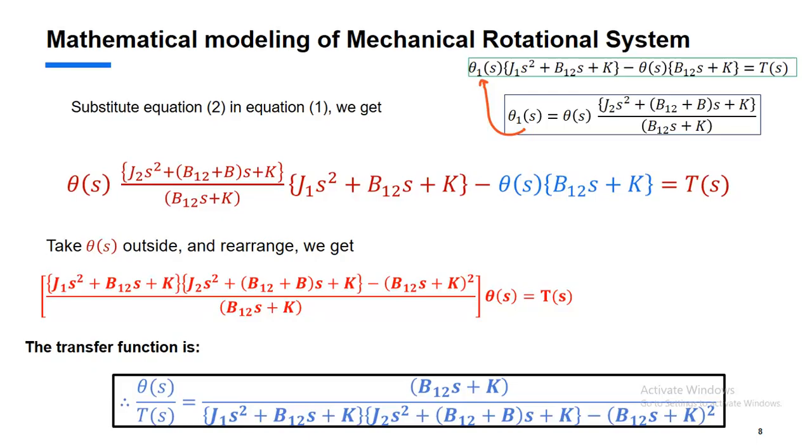Here we are taking theta of s outside, and also doing a cross multiplication. We will get this term, and from this we compute theta of s, that is the output displacement, divided by the applied torque. This is the transfer function of the given mechanical rotational system.